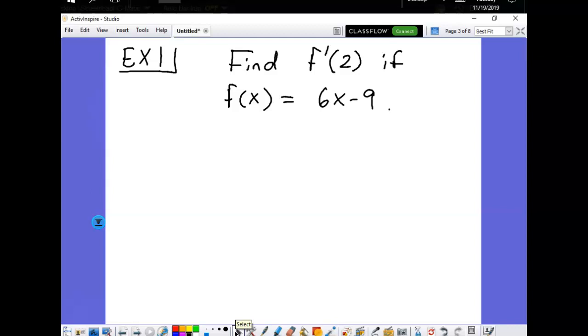And I'm going to put in parentheses here, using the alternative form. I'm not going to write out the alternative form of the limit definition of a derivative.